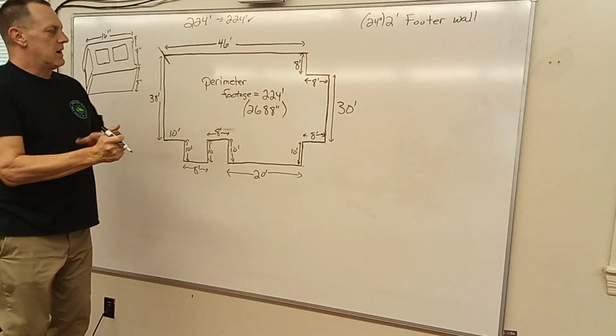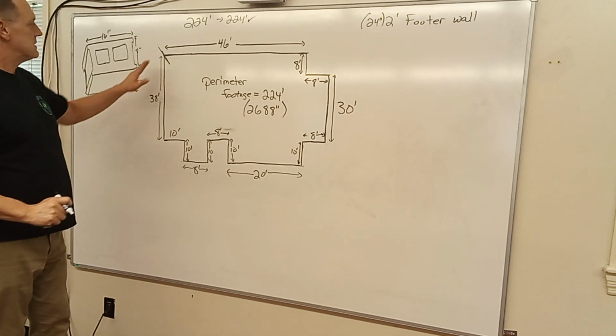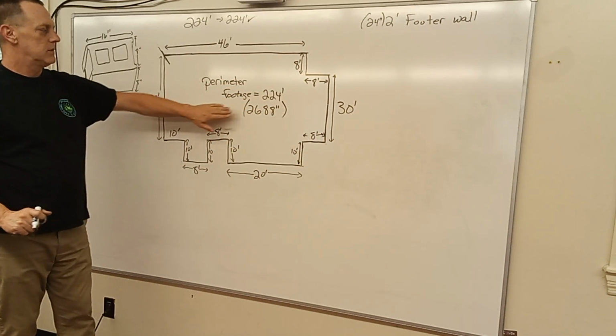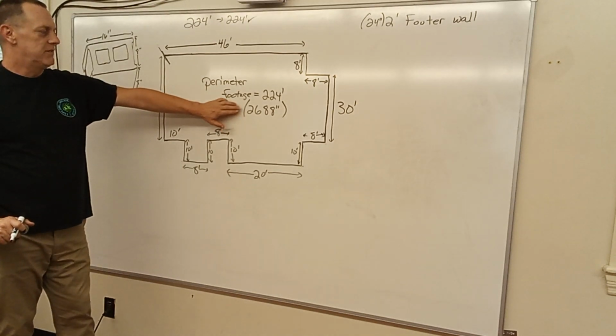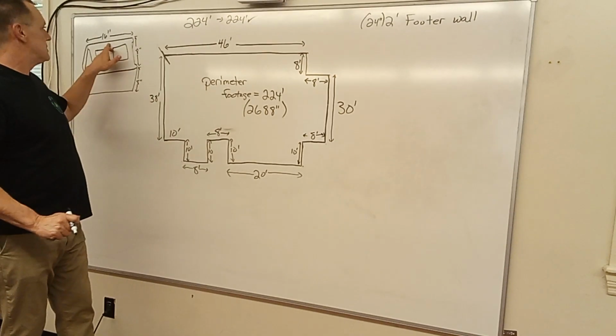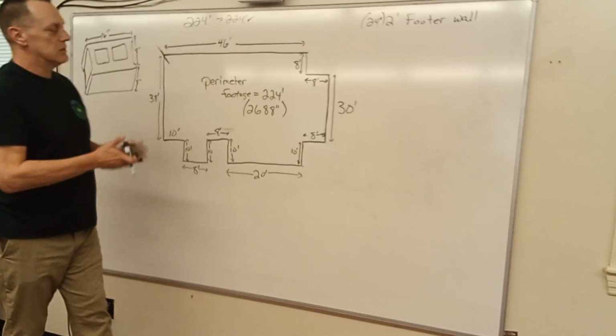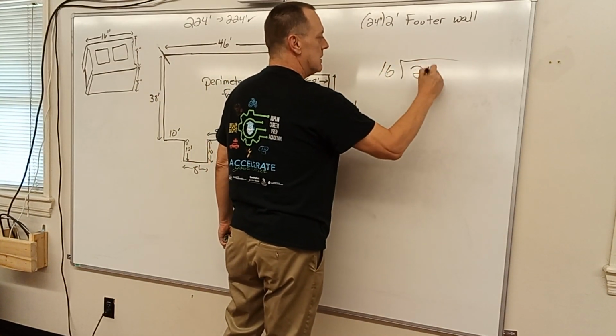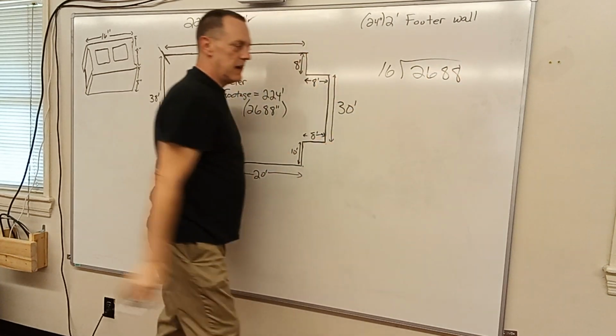So to find out how many concrete blocks we need to do one course around this building, we would do what? We would divide the total inches by the length of one block, which is 16. So we would do 16 into 2688.